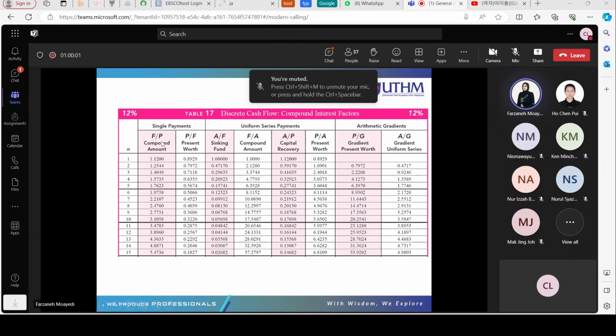If you look here, we have F/P, which is for the compound amount, and then we have P/F, which is for the present worth. So in the first one, we are looking for the future value, and here we are looking for the present value.